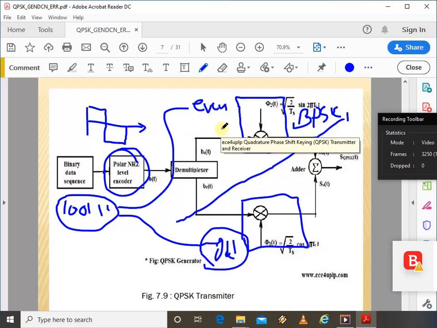Means here the phase modulation of the input sequence is taking place twice. So the output of one product modulator will be a BPSK signal, and the output of the other will be another BPSK signal. And we know that after BPSK modulation of the input bit stream, what happens?